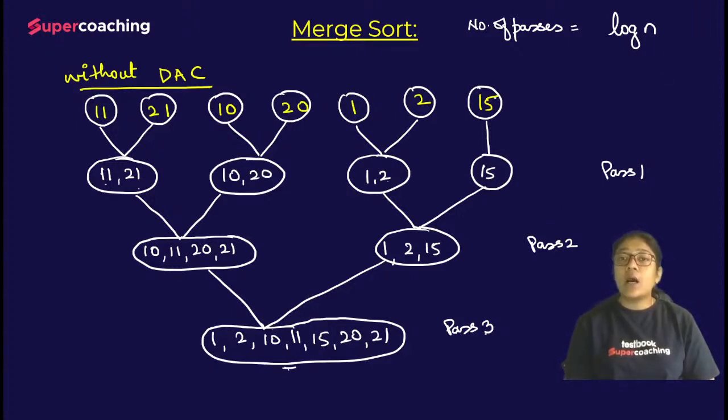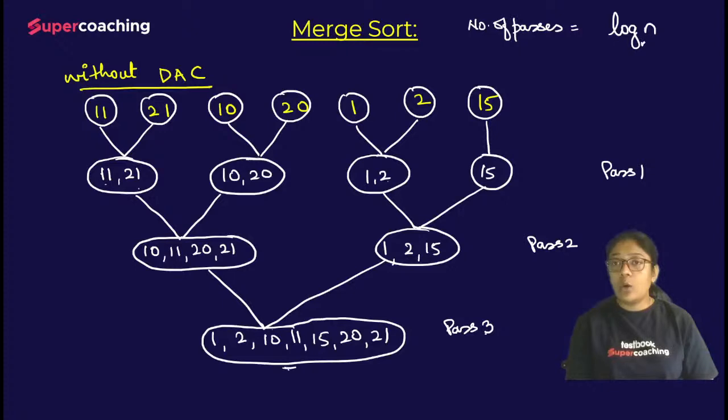And what will the base be? If you have two-way merging, where at a time we combine 2 nodes, then it will be log base 2 of n. If it is three-way merging, where at a time we consider 3 nodes of a tree, then it will be log base 3.